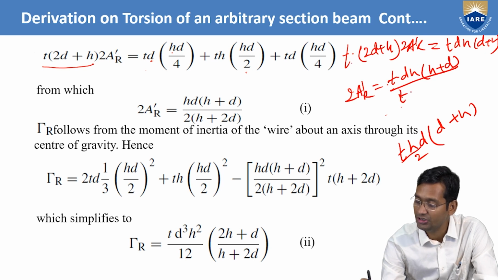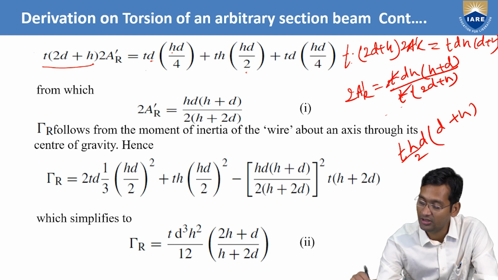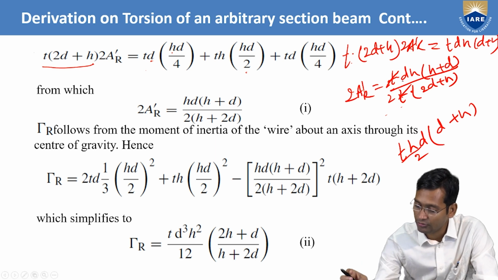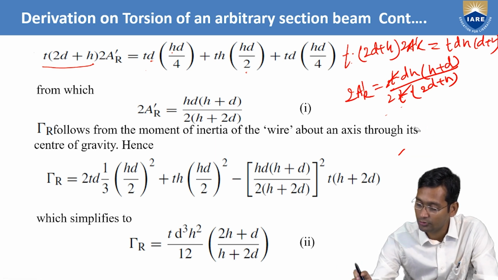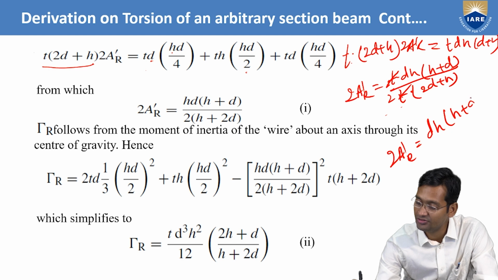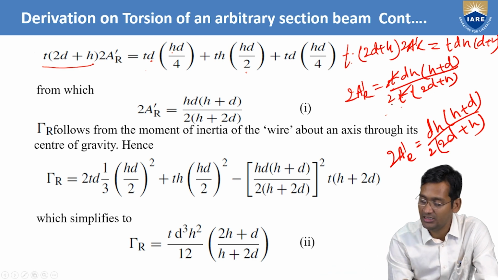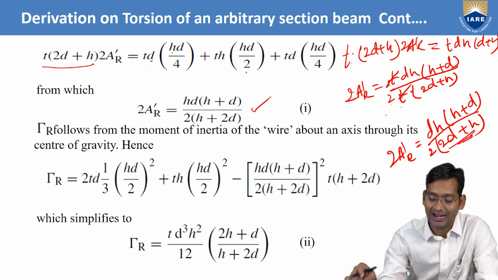Divided by t into 2d plus h. This t cancels, and by 2 here. So from here 2a dash r is equal to dh into h plus d by 2 into h plus 2d. Now we got the 2ar dash value.